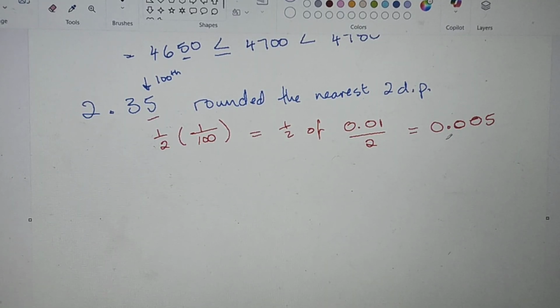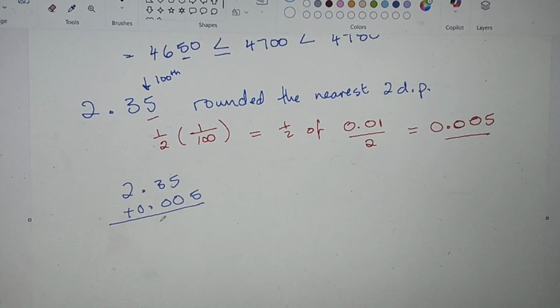I'm now going to take this amount, add it and subtract it. So I'm going to take my 2.35 plus 0.005, and subtract.